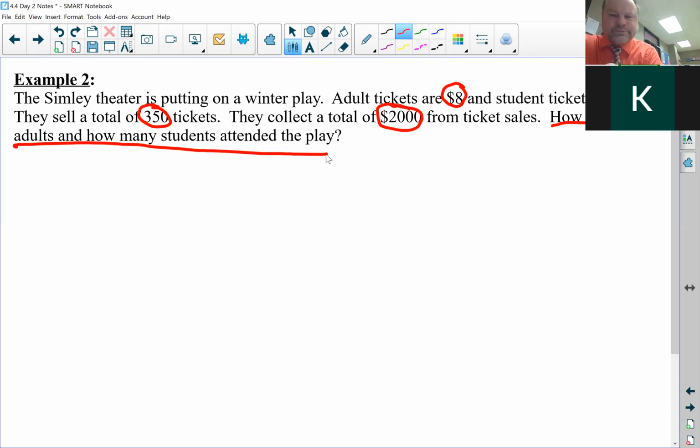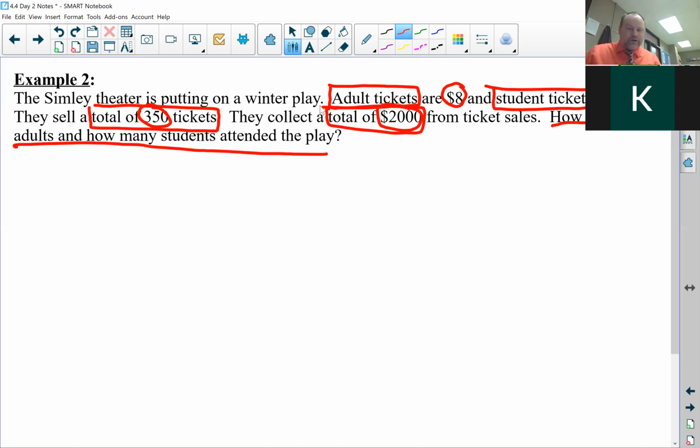Keywords. Adult ticket, student ticket. I think those are keywords in this problem. I think the total of 350 tickets and the total of $2,000 are keywords.